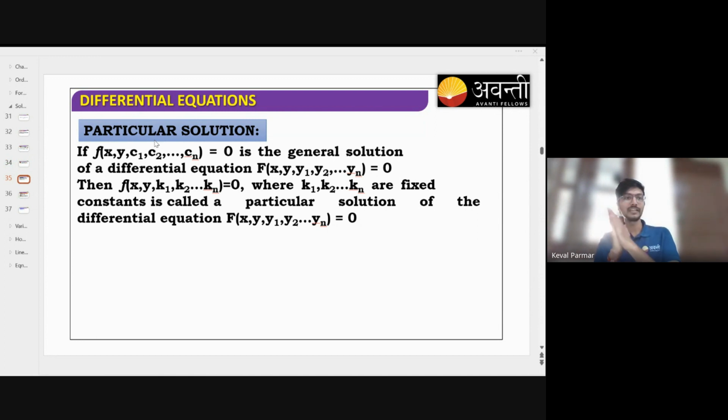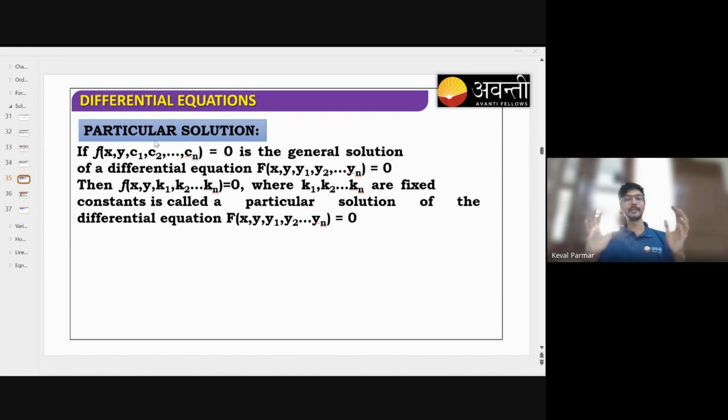For particular solution, we'll be given some boundary conditions. I hope you know boundary conditions. If not, we'll see what they are in the question. By using those boundary conditions, we can get the value of the arbitrary constant. Once we get the value of the arbitrary constant, that becomes a particular solution.